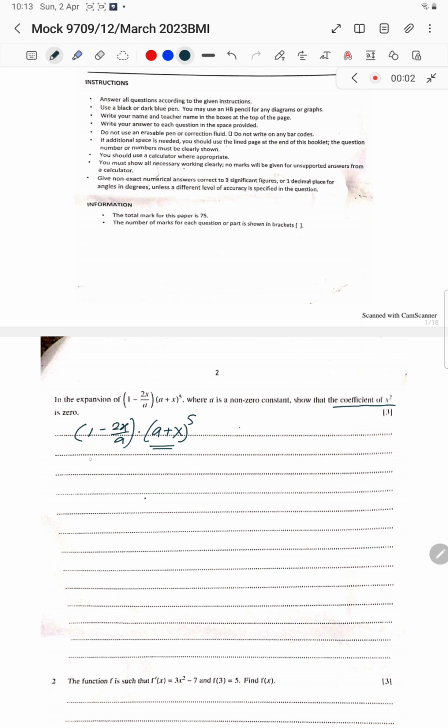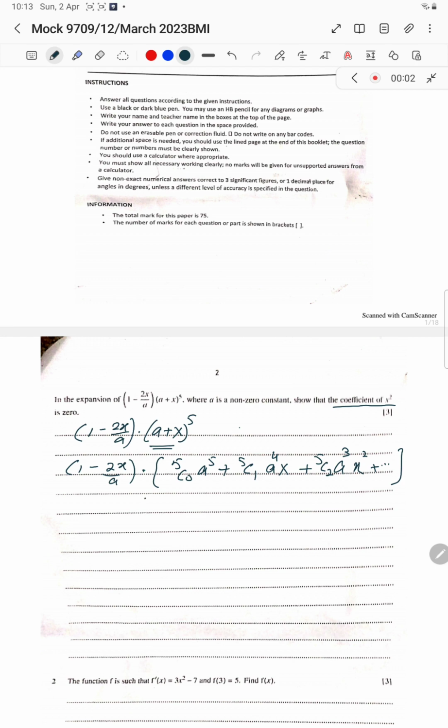By applying the binomial expansion, as you are all well aware of the rule, with power 5 it will be 5C0 a^5 + 5C1 a^4 x + 5C2 a^3 x² and so on.